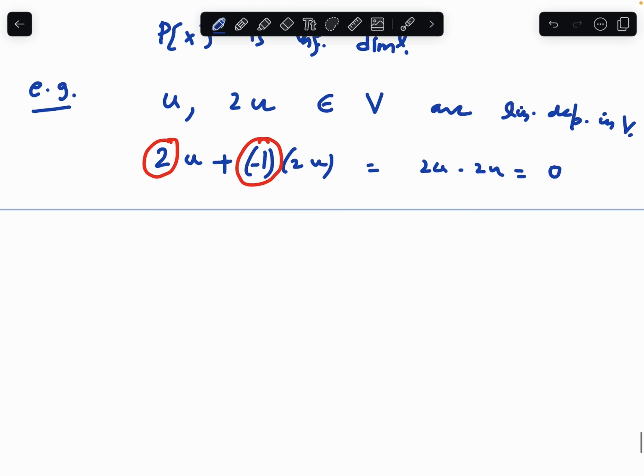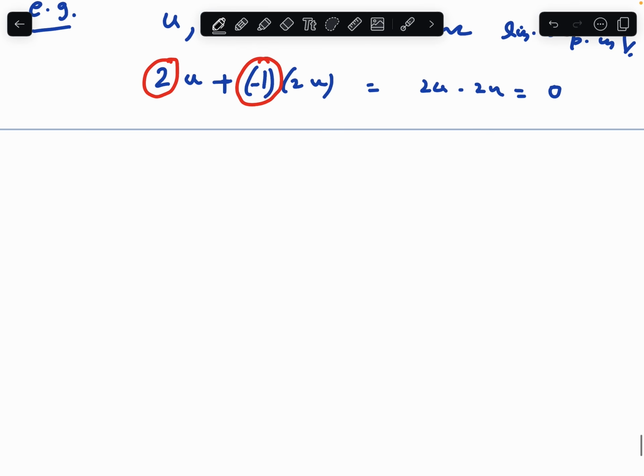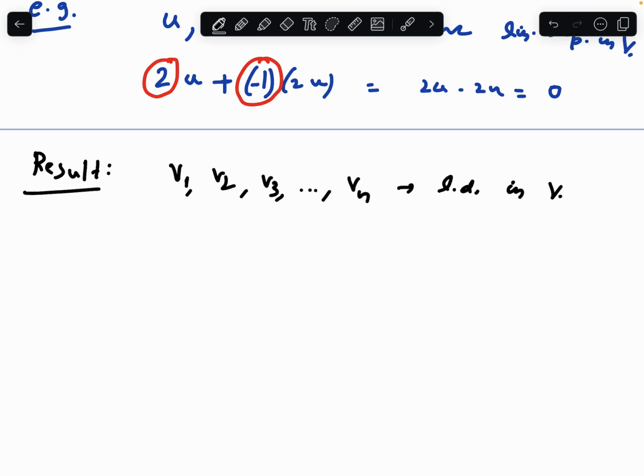Let's take a look at the result. Suppose v1, v2, v3, ..., vn are linearly dependent.